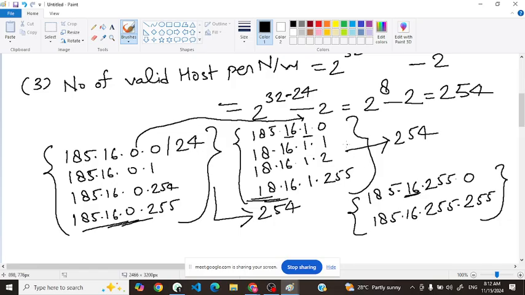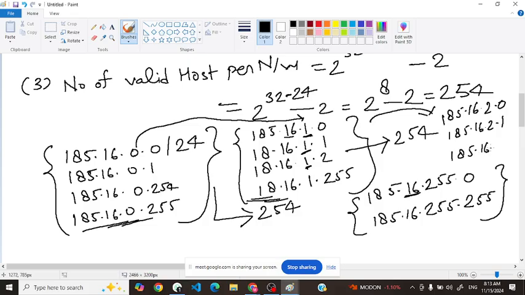No, I am changing only the third octet and increasing it by 1. First it was 0, then 1, then 2: 185.16.2.0, 185.16.2.1, and the last one will be 185.16.2.255. This will be the third network.